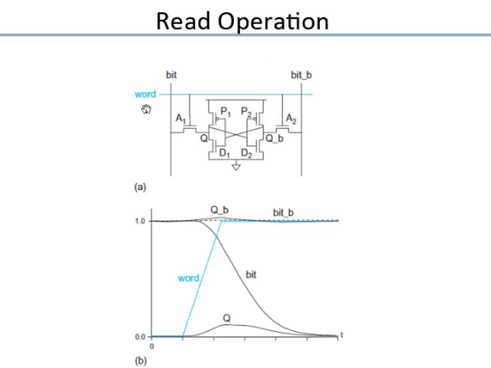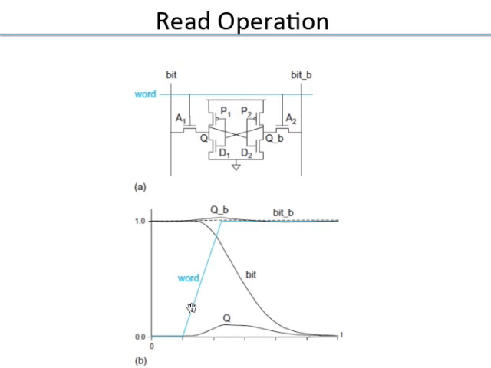Then word line turns on. Word line goes from 0 to 1. Access devices A1 and A2 turn on. Now see, wherever Q is low, and in this example we said Q is low, what will happen is bit will start discharging through A1.